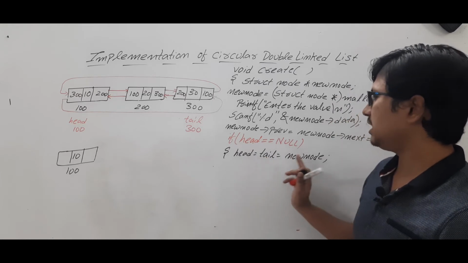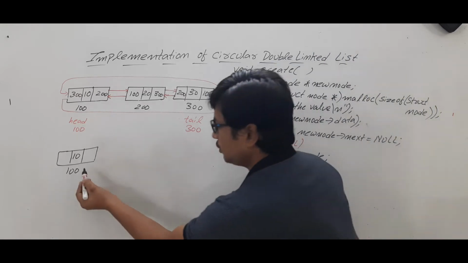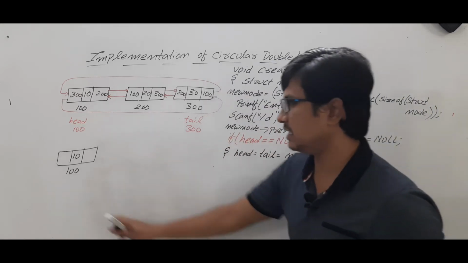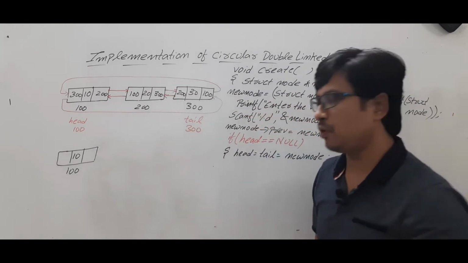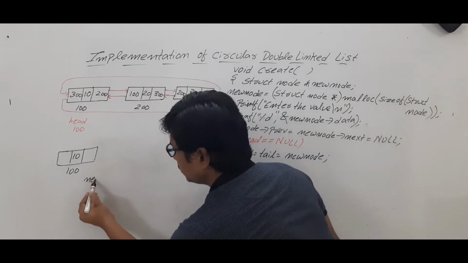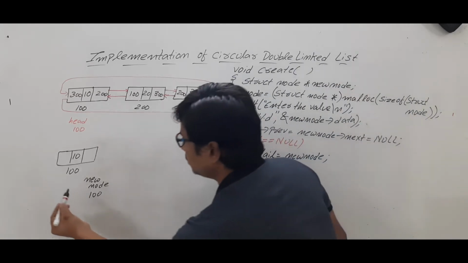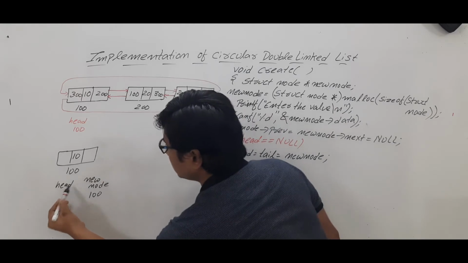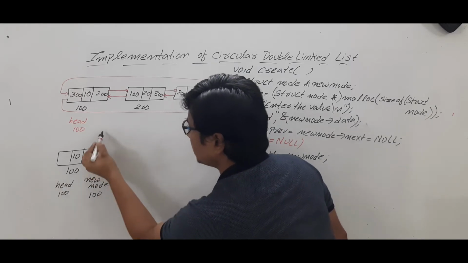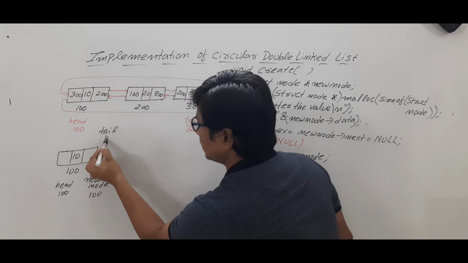Head is equal to tail is equal to new node. If the new node has been created at the base address 100, the new node pointer, let me write here, will have 100 that we are assigning to head and tail. So you have head with content 100, and you have tail with the content 100.